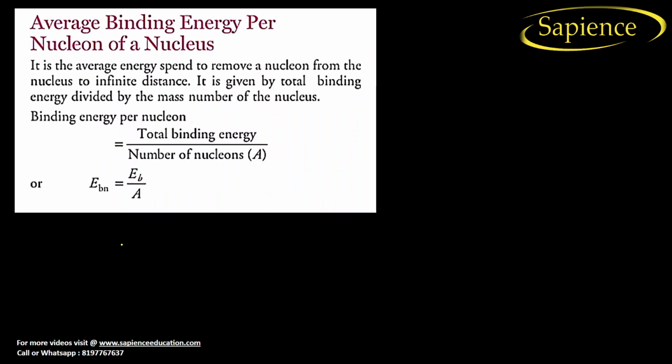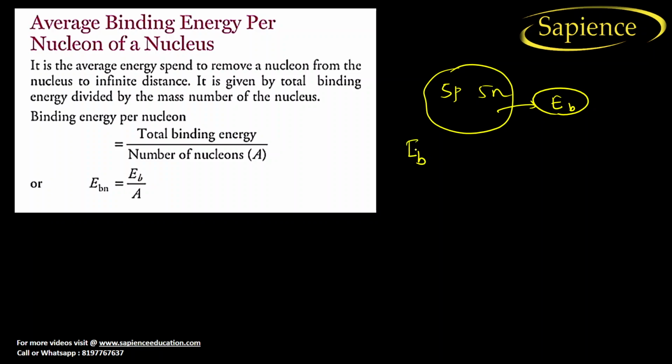Now, what is the average binding energy per nucleon? Let us consider a nucleus with 5 protons and 5 neutrons, and it has binding energy Eb. But I want the binding energy per nucleon, that is, the binding energy required to bind one nucleon.